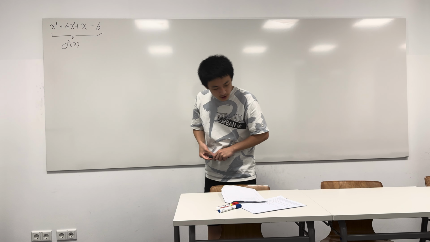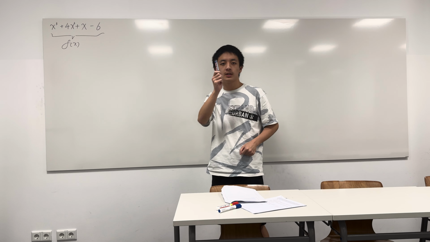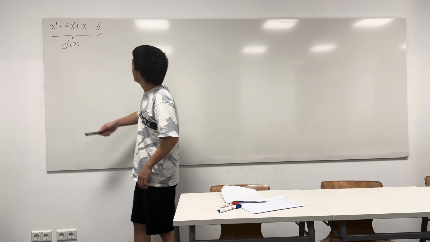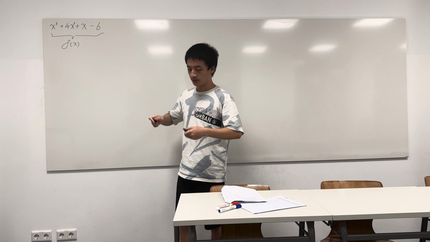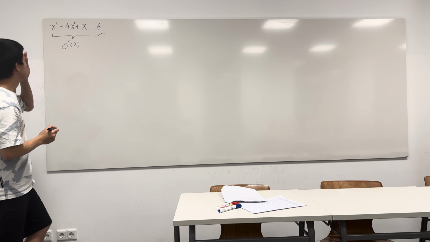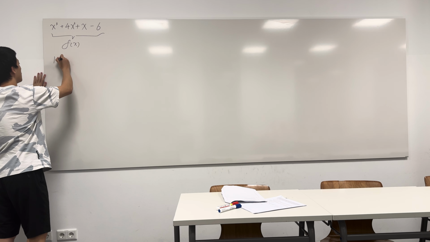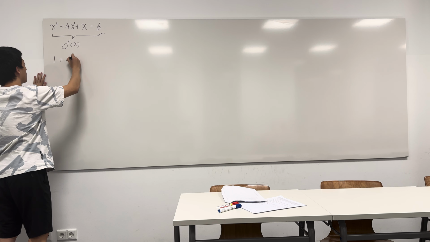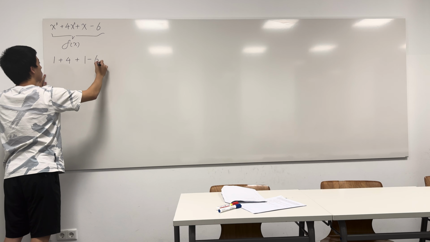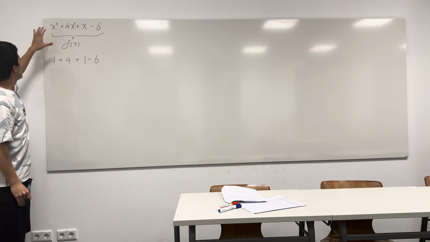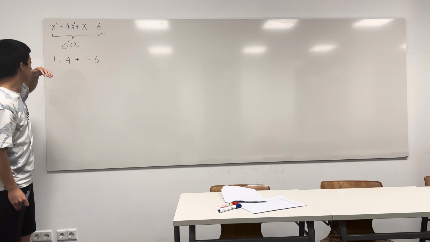For this question we need to use a calculator, but here are some tips. We can observe the coefficients of this function. What do we get? 1, 4, 1, negative 6. So 1 plus 4 plus 1 minus 6.